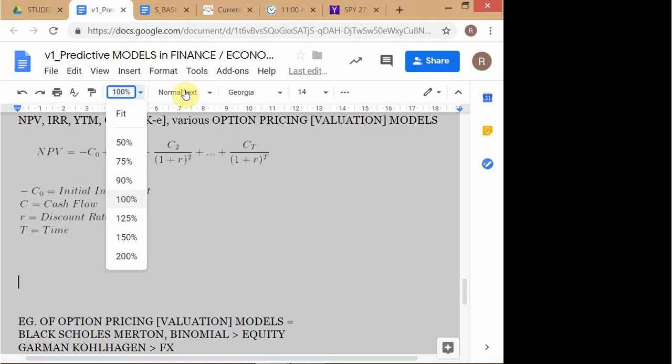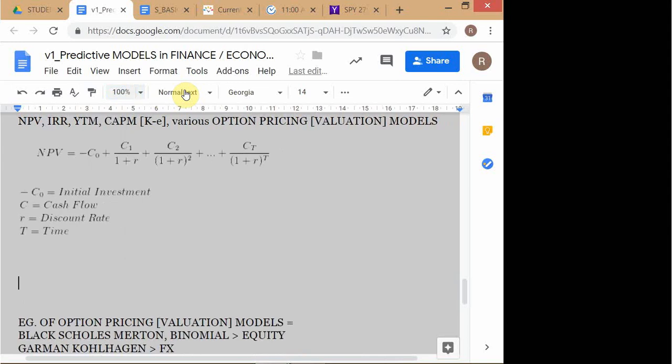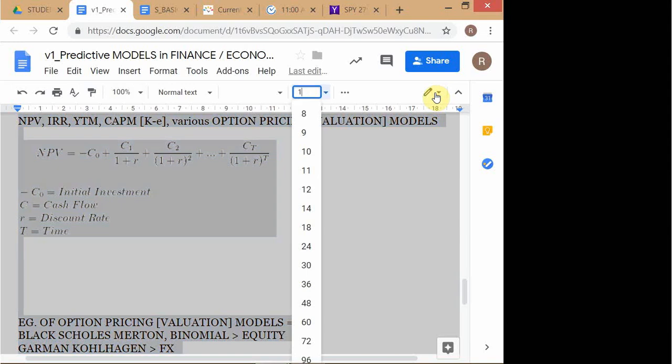Font size. Let's see if we can make this. It goes out of view. Okay, so you're saying adjusting font size is a better way to do it. Okay, if I just make. No, sorry, it's 14, right?